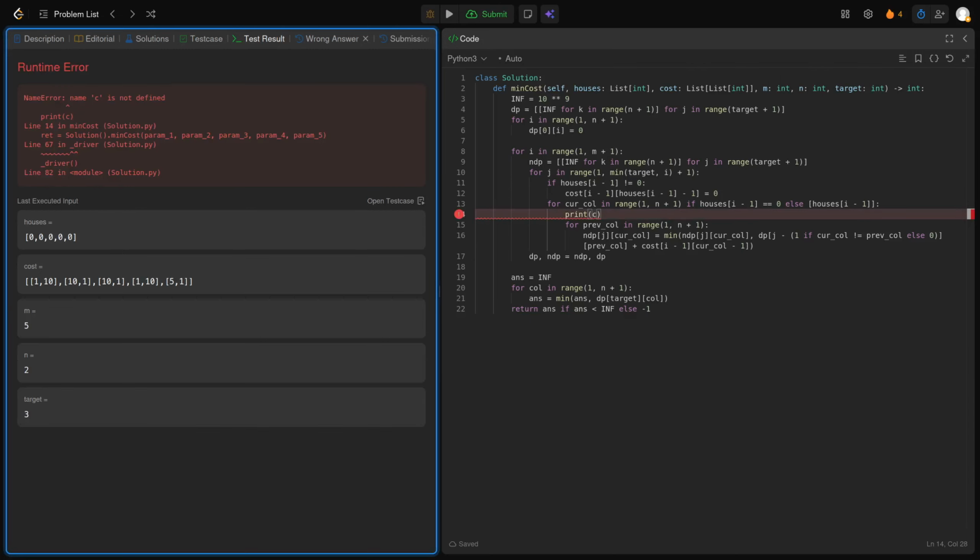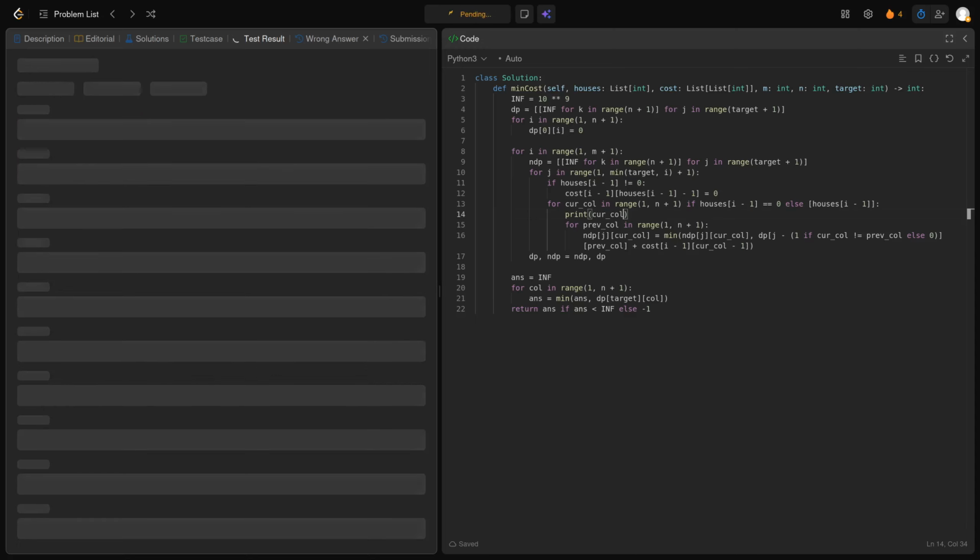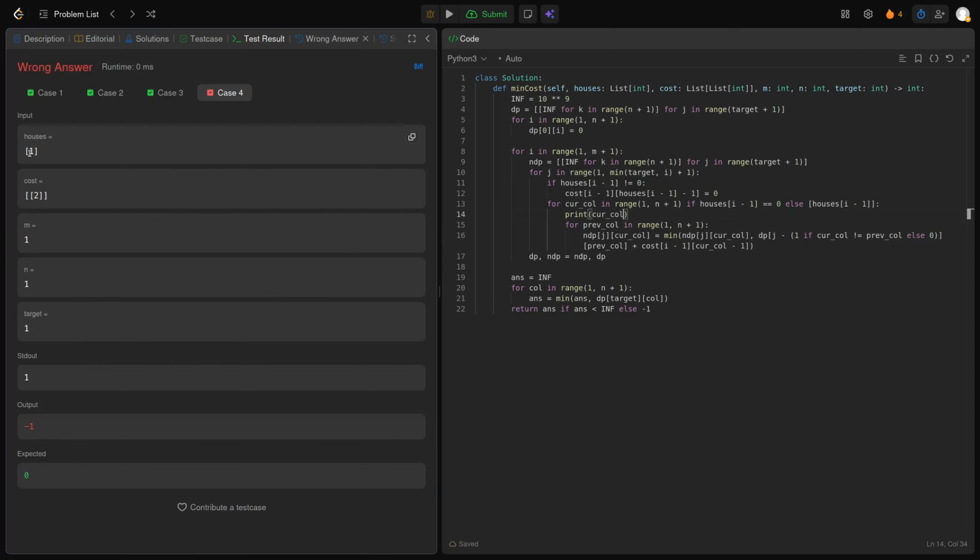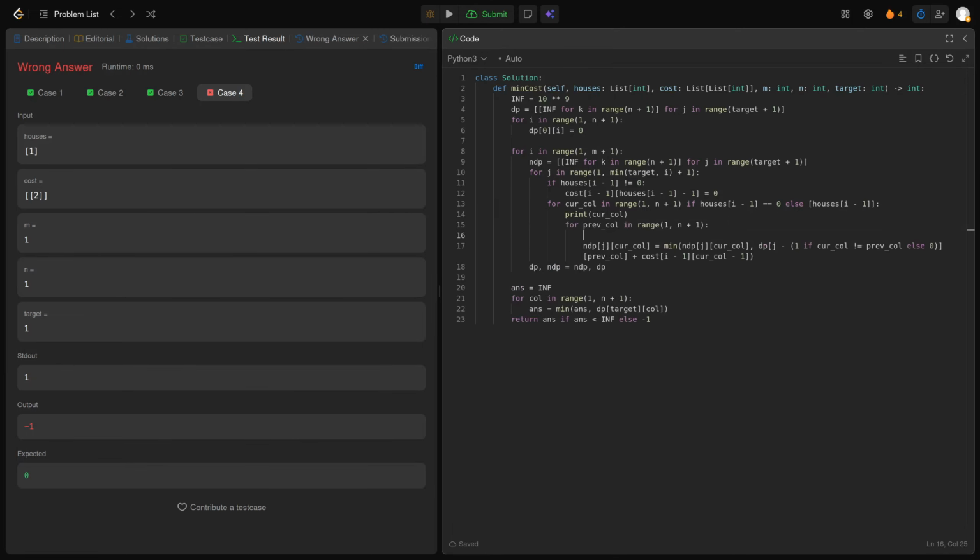Let's just print current color to see what colors we are trying. We should only be coloring one, right? Yes. So let's print DP cost current color -1.